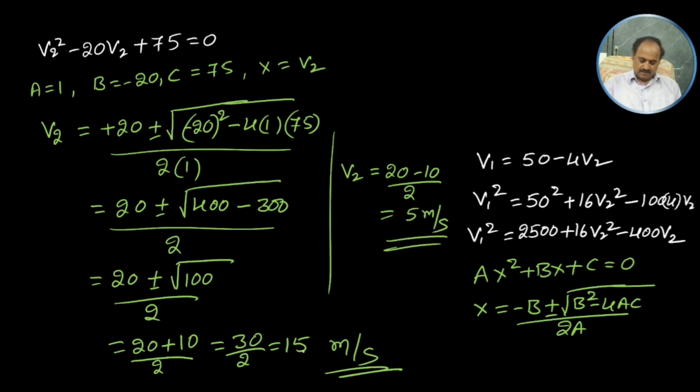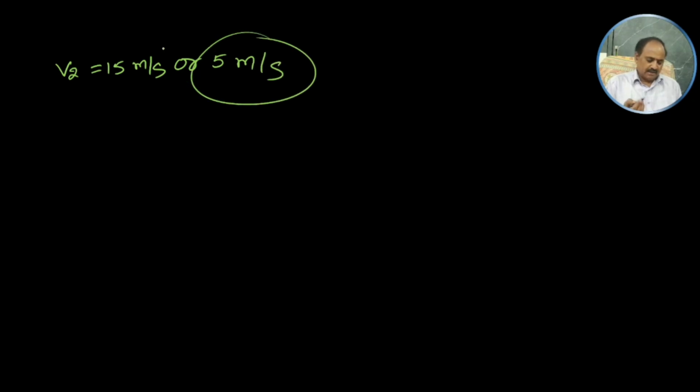So V2 may be either 15 meter per second or 5 meter per second. Let us take 5 meter per second. Any value can be taken. Conclusion: V2 is equal to 5 meter per second.